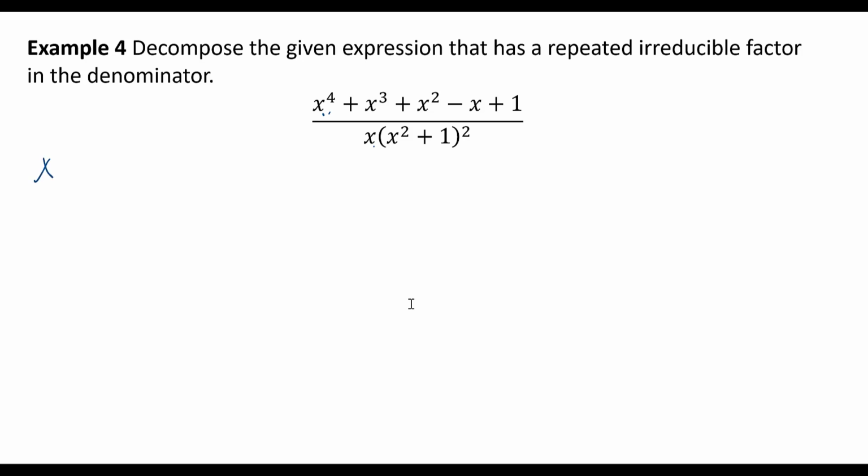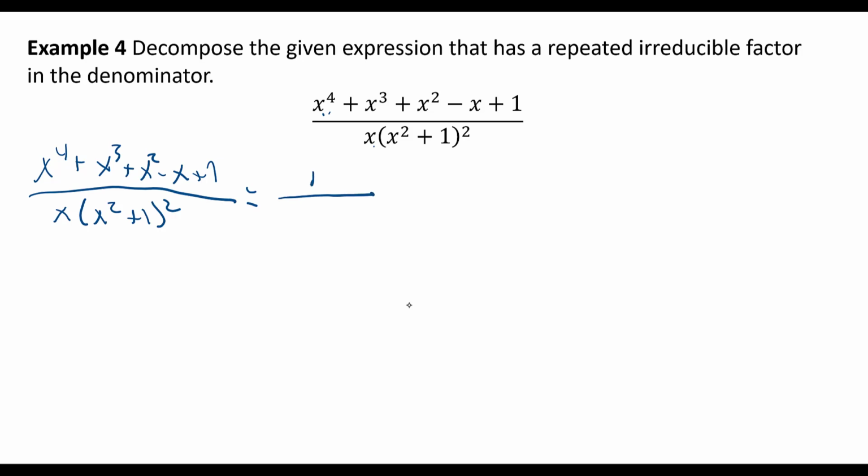So we're going to start off with x to the fourth plus x cubed plus x squared minus x plus 1 over x times x squared plus 1 squared equals a over x plus bx plus c over x squared plus 1 plus dx plus e over x squared plus 1 squared. And that's how we're going to break it down.